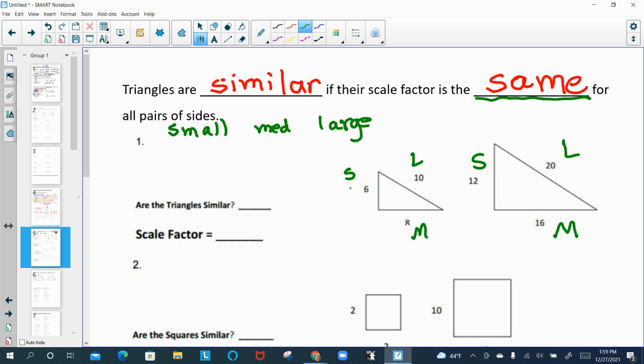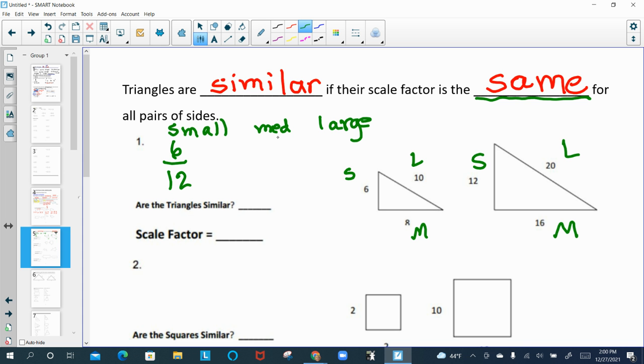So for the small, I'm going to take the 6, and then I'm going to go over here and get the small one. I'm going to get the 12. So see what I did? I took the small side from the little triangle, and then I took the small side from the big triangle. That's where I got the 6 and the 12 from.